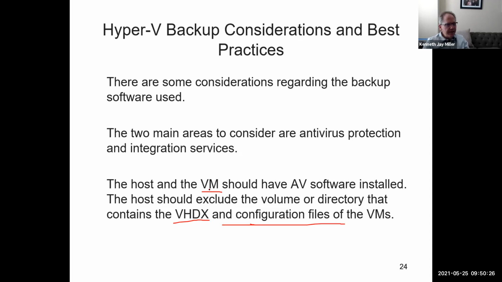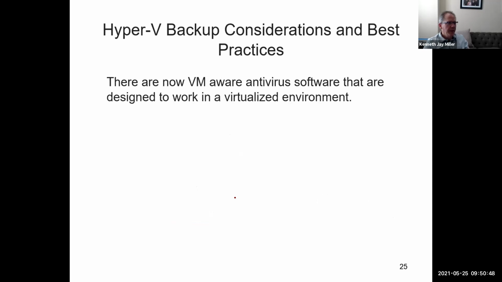Because if the VM has antivirus inside of it, that's like saying, inside of this box I have antivirus, so I don't need to scan the outside of the box because it's getting scanned inside of it, right? So it's a redundancy that can cause problems.